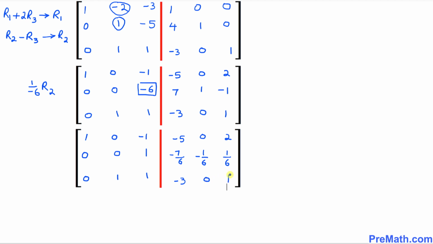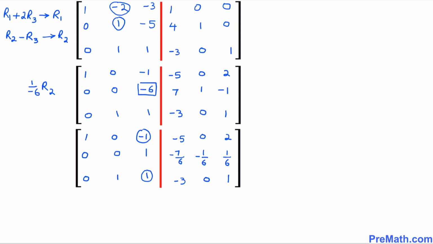And now we are going to make this negative 1 in row 1 and this 1 in row 3 zeros. To make them 0, this is the operation I will be doing.